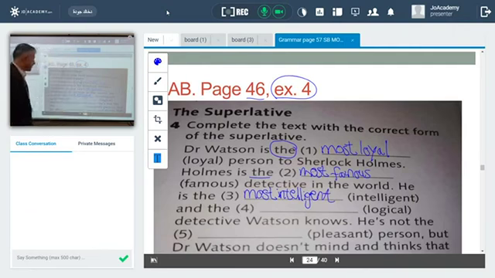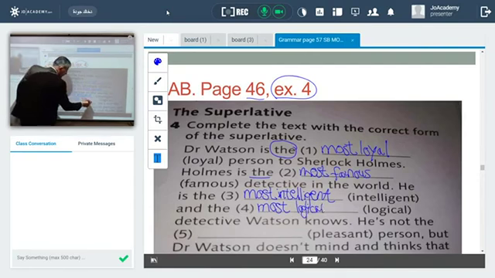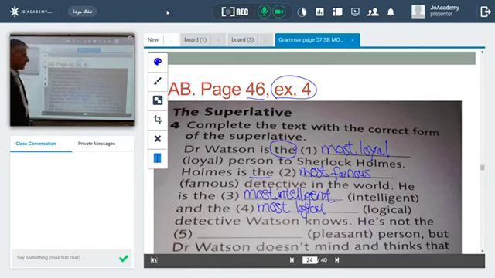The most intelligent and the most also logical. Logical detective Watson knows. He is not the what, pleasant person. He is not the what we need to put here. The most pleasant person, of course.